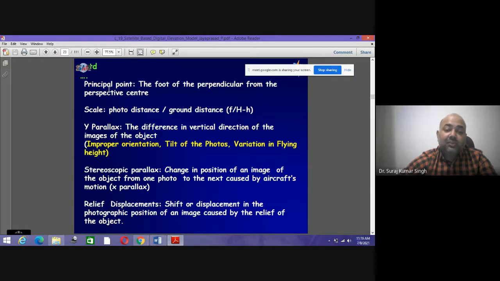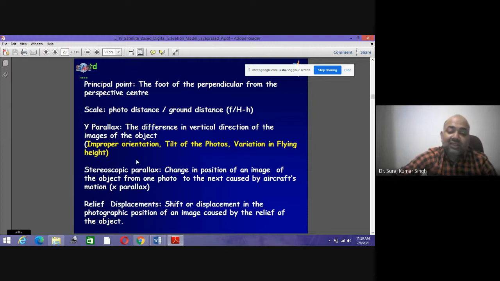The principal point is the foot of the perpendicular from the perspective center. Scale represents the photo distance to the ground distance. Parallax is the difference in the vertical direction of the image of the object, caused by improper orientation, tilt of the photos, or variation in the flying height.